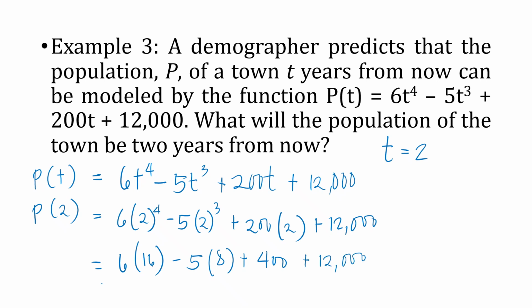So we're going to simplify this. 16 times 6 is equal to 96, minus 5 times 8, that is 40, plus 400, plus 12,000.